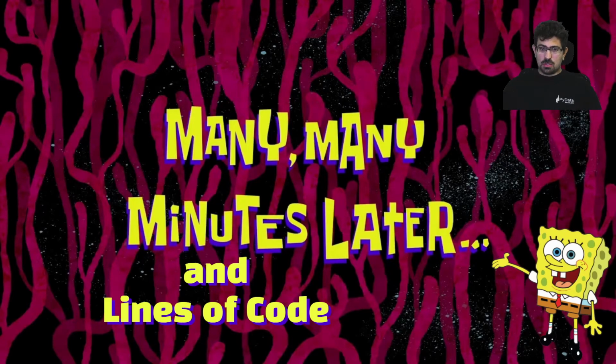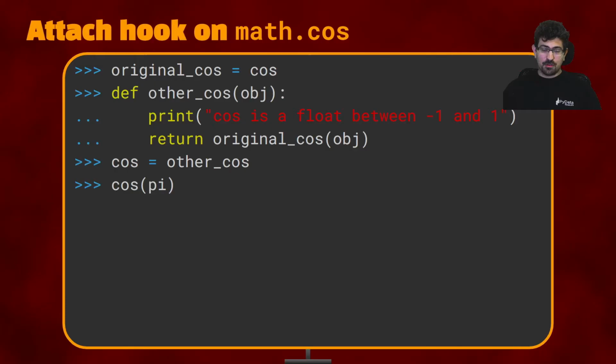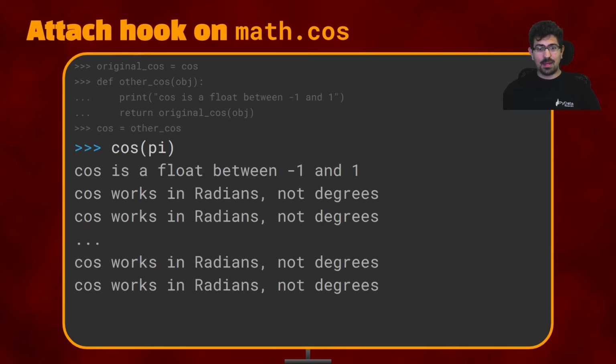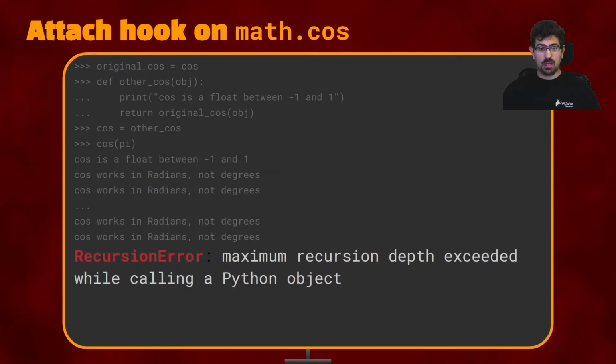But then we continue with the code, and many minutes later and many lines of code later, we are doing this. We say original cos equals cos. Now we have another message that we want to say. We say cos is a float between -1 and 1. And we say cos is the other cos, and we ask what's the cosine of pi. But the thing is, we get a recursion error.